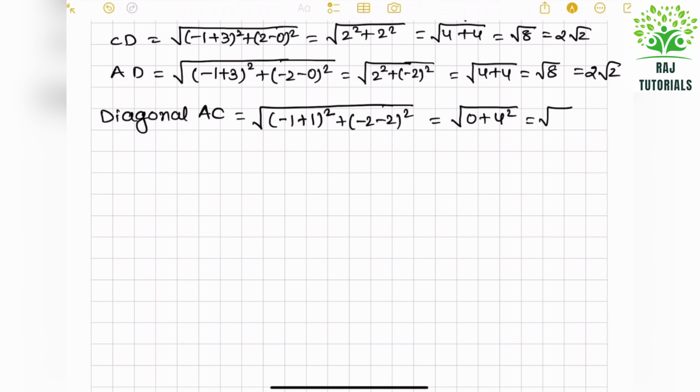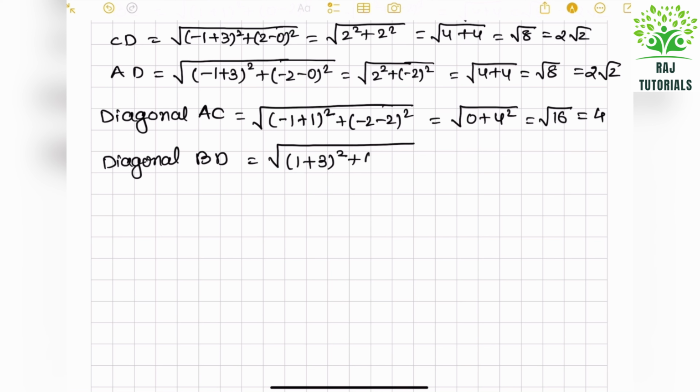So that is coming as 0 plus 4 square. So root 16. So that is coming as 4. Diagonal BD will be (1 minus of minus 3), so (1 plus 3) whole square plus (0 minus 0) whole square. So that will be 4 square. So root 16, that is also 4.